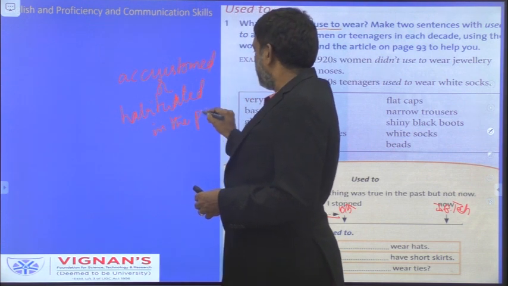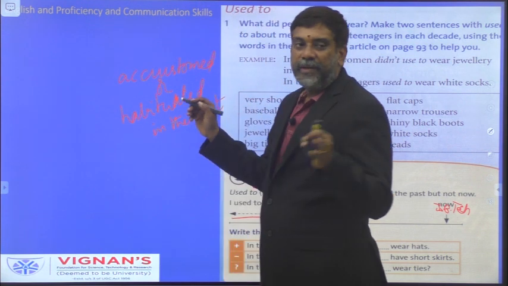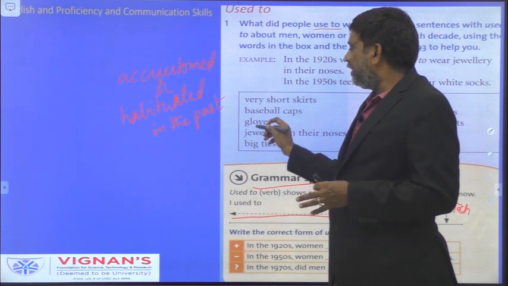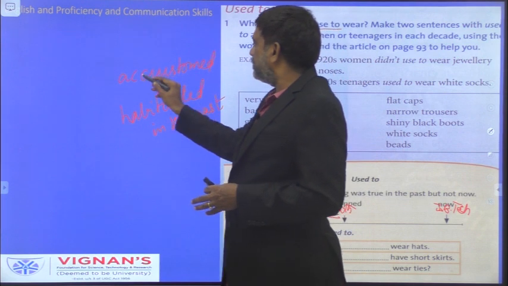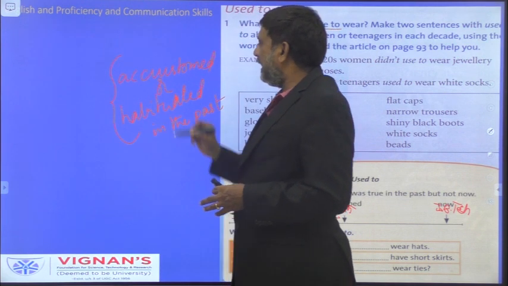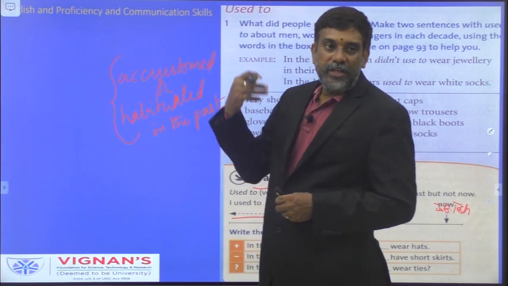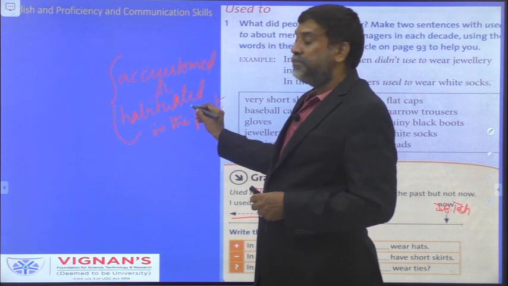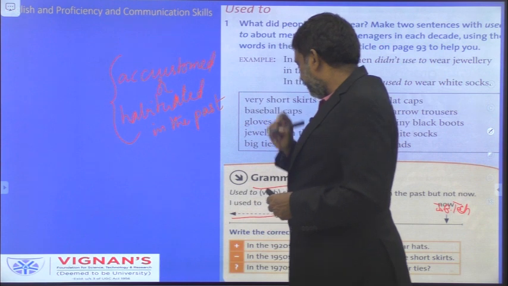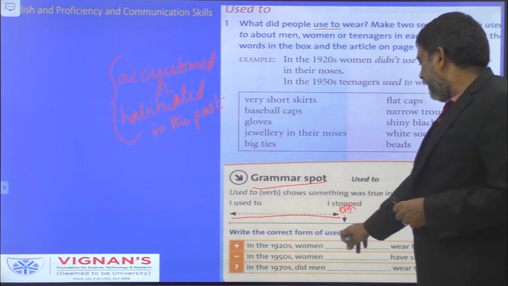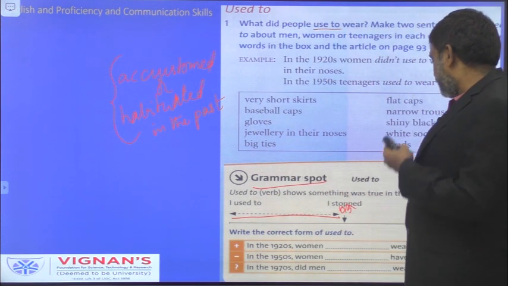In the past, especially for a period of time, you use this. So, used to is used to indicate an action which you were accustomed or habituated to do in the past. Fine. So here, write the correct form of used to.